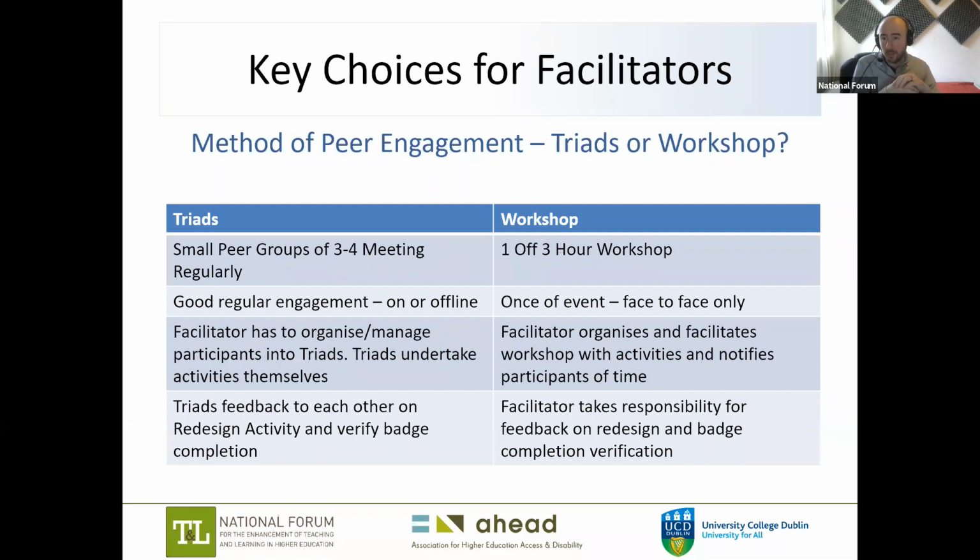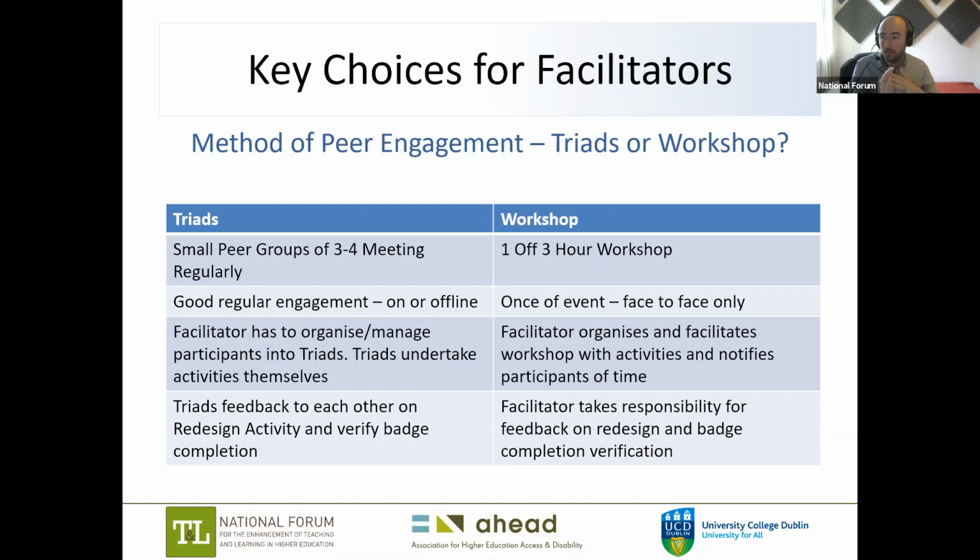Another key difference would be in terms of the feedback on the redesign activity. In the triad method, the triads are responsible for feeding back to each other, giving each other reflections and advice as part of that key peer triad meeting number 4.